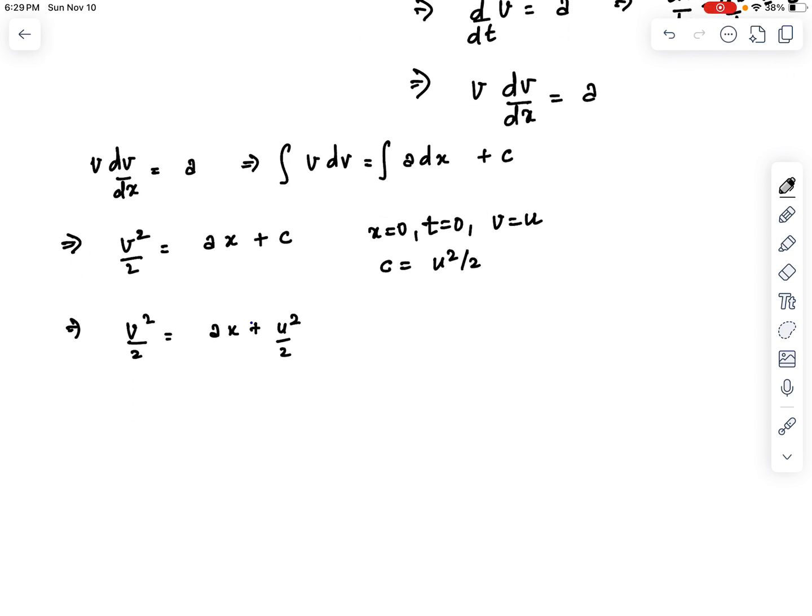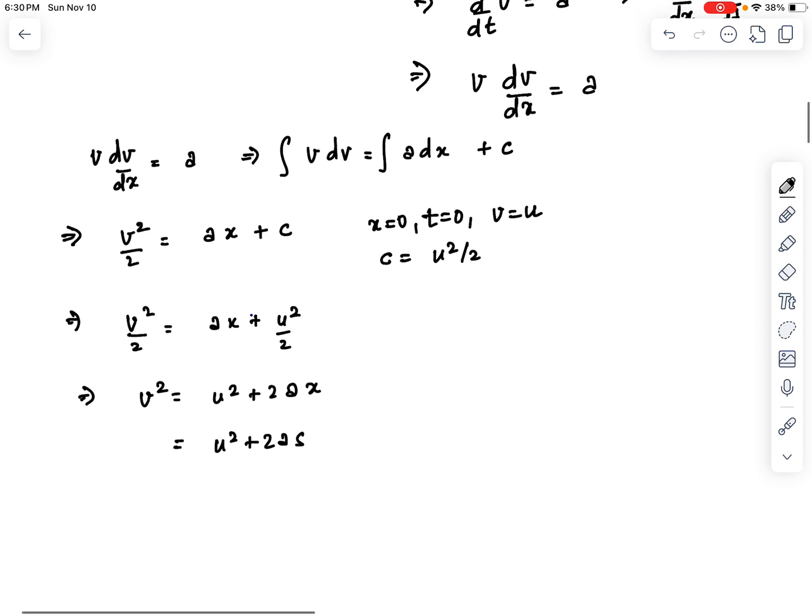We get v square equals u square plus 2ax. And in our previous expression, we used s instead of x, so we actually can rewrite this as u square plus 2 times a times s. So that's pretty much the first equation that we got from here.